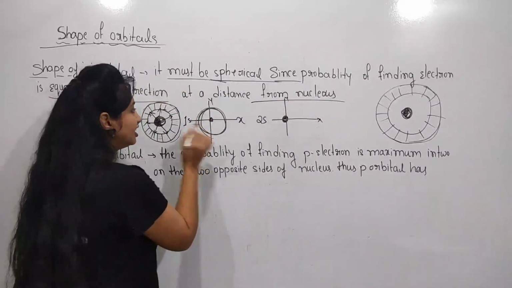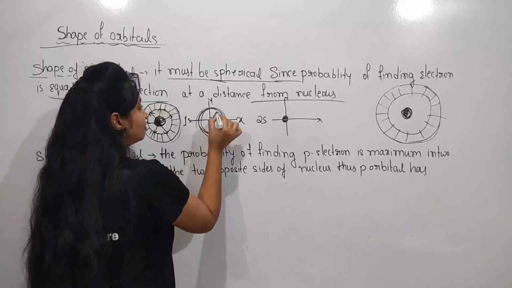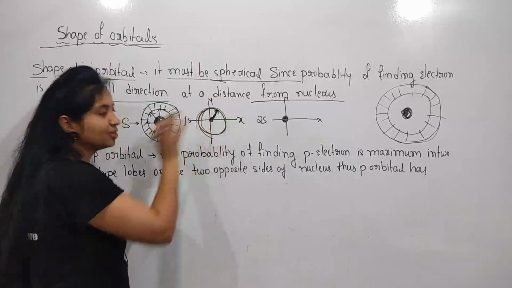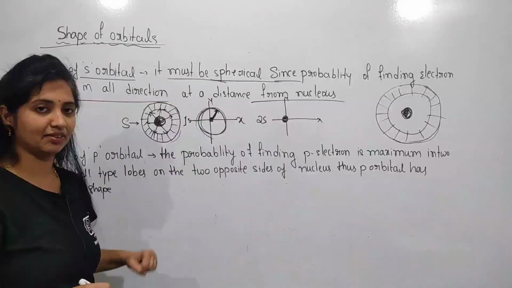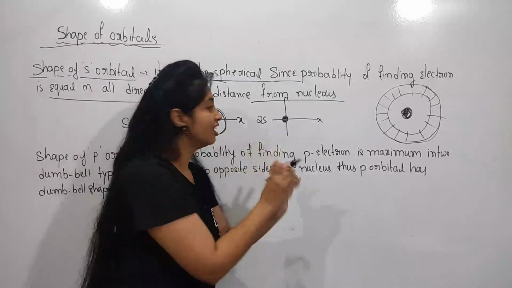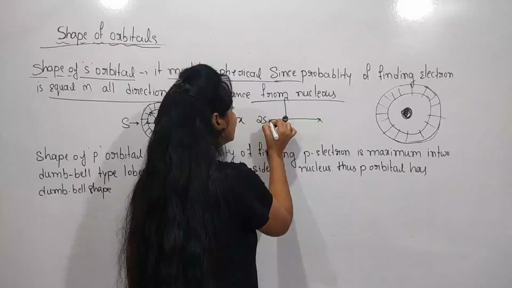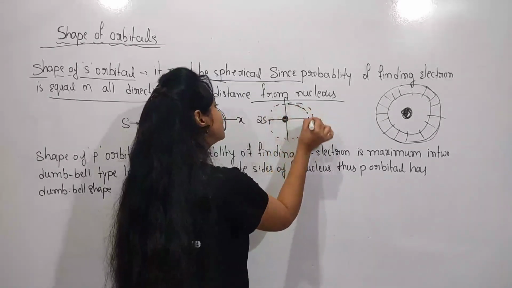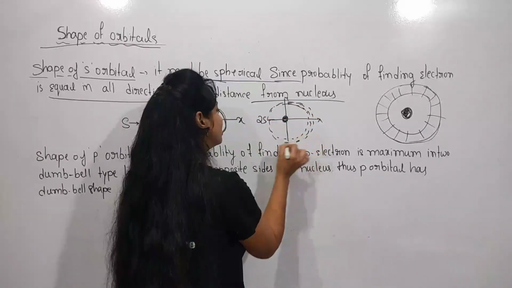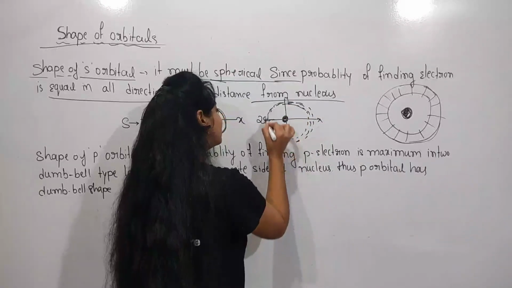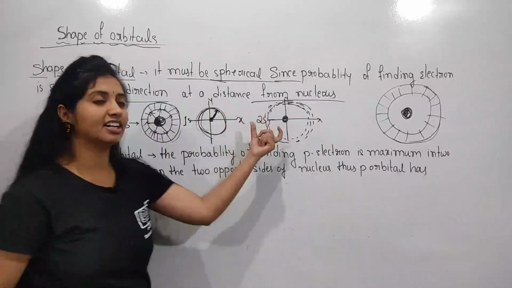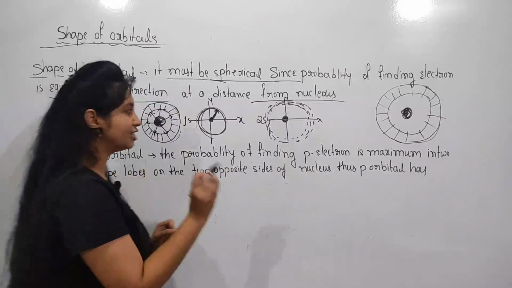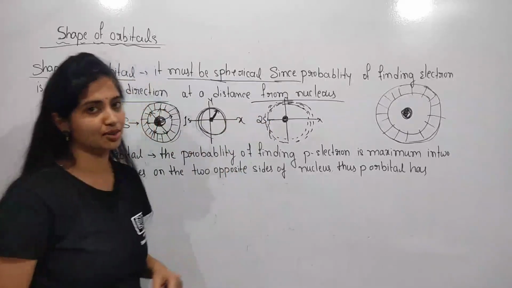In a 1s orbital we find the density at a small distance, near the nucleus, but in a 2s orbital we find the density a little bit farther from the nucleus. So the 2s orbital is a little bit bigger than the 1s orbital. This is the small difference between the 1s orbital and the 2s orbital.